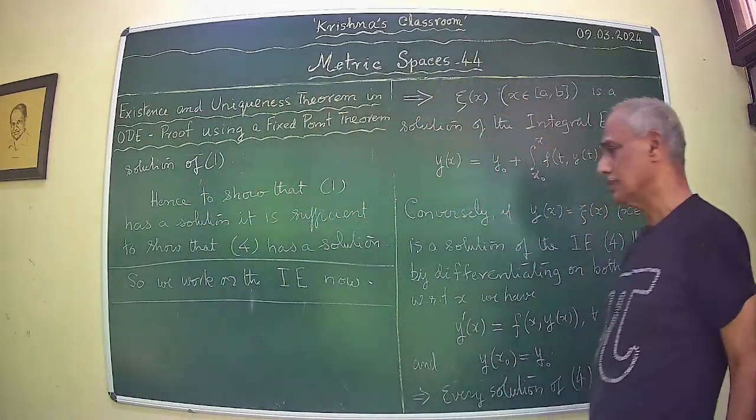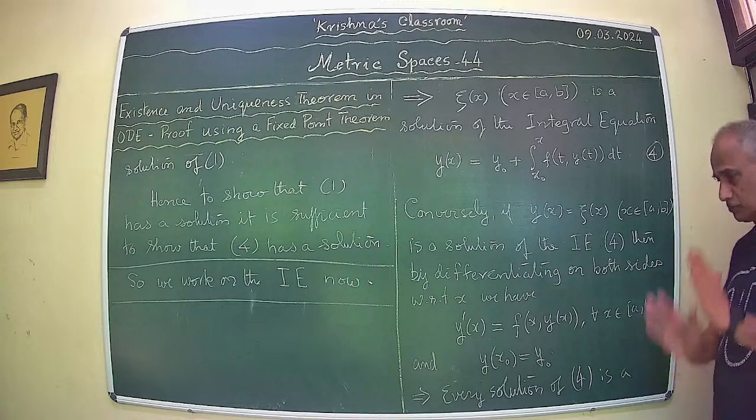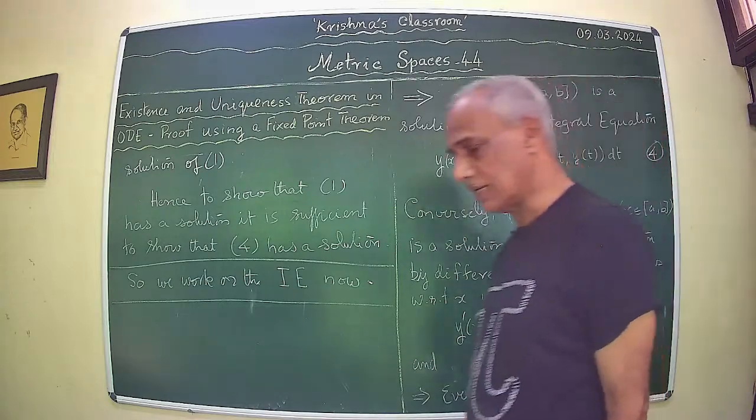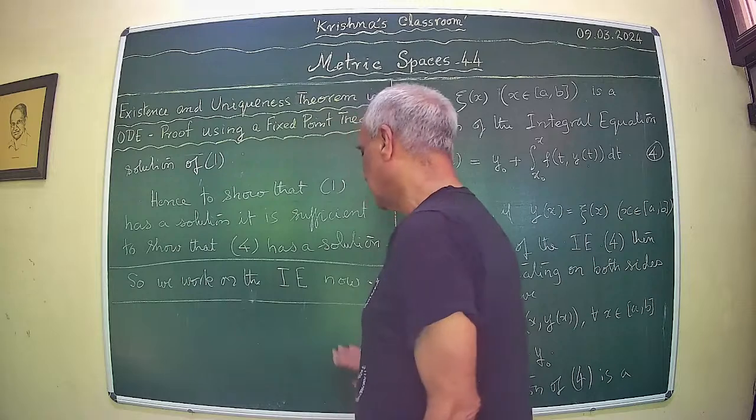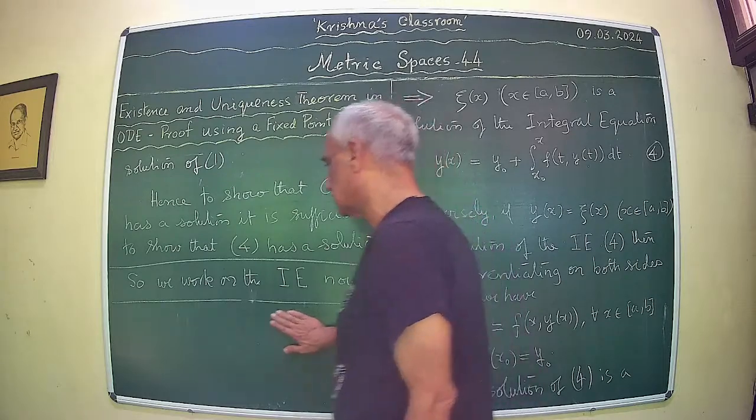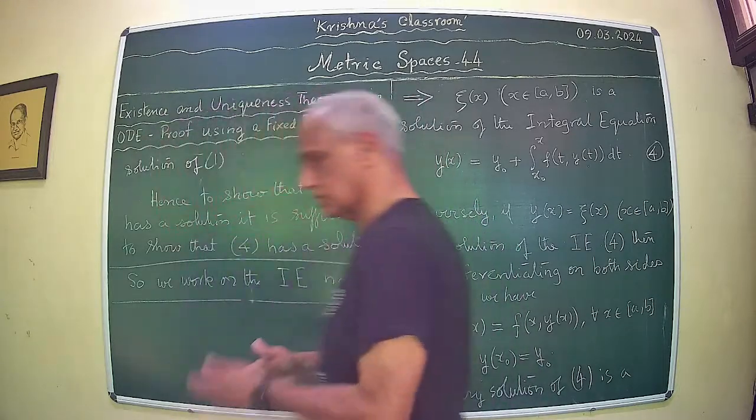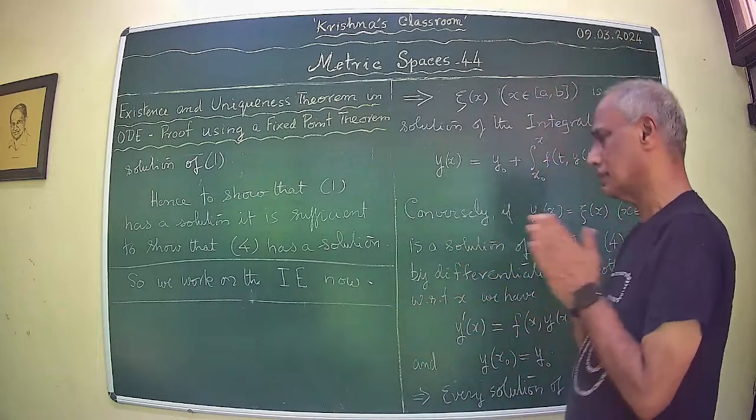Okay. So, this is what we are up to. So, we have to fix an interval on which we show that this integral equation has a solution. That's our task.